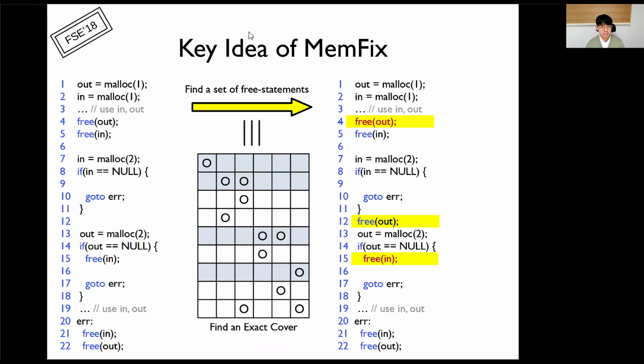To do so, MemFix reduces the problem of finding a correct patch into solving an exact cover problem. For the students who do not know what the exact cover problem is, I will briefly introduce what it is and then introduce how MemFix fixes this double free bug.